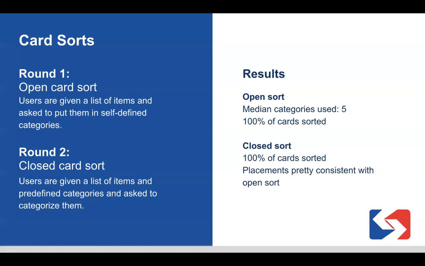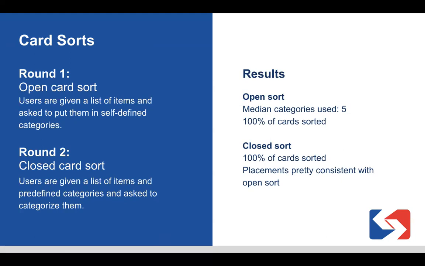So next, as I mentioned, I did two rounds of card sorts. First, I did an open card sort with those 29 cards, and I let participants categorize them in self-defined categories, just in a way that made sense to them.